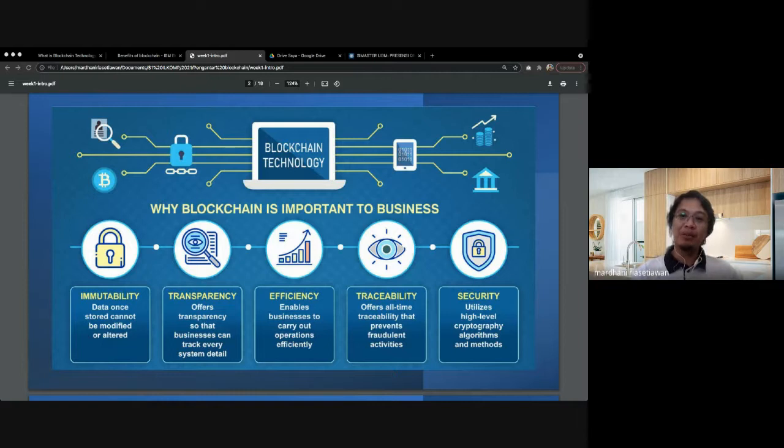I think one of the strategies if we want to push blockchain to be implemented in many sectors, especially in government, is to bring best practices or good, successful use cases from several industries. For example, currently I am discussing with the city government of Yogyakarta. I gave some examples of how blockchain in Singapore can work for their smart city services.